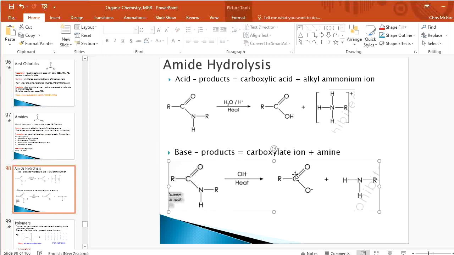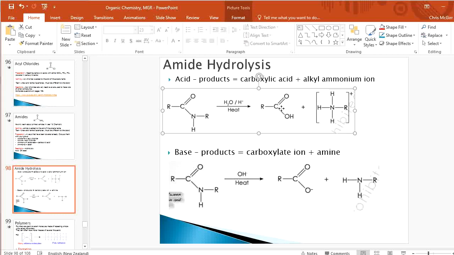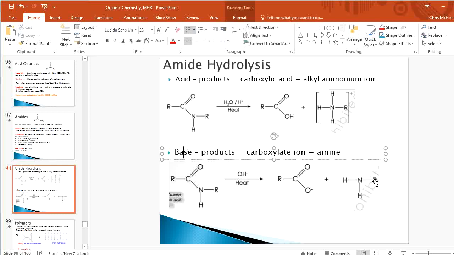Notice the difference between here and here. The only difference is this H has been donated to form the carboxylate ion. So again, this might be an example, ethanoic acid. This would be ethanoate ion. Okay. Now, because it's base conditions, there's nothing stopping an amine forming because amines are bases, and that's why you get an amine as a product.